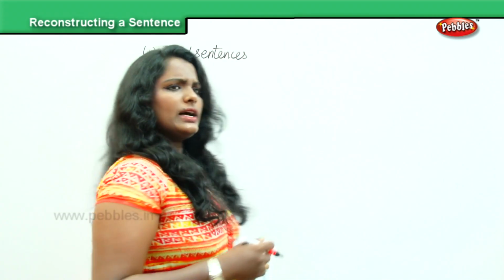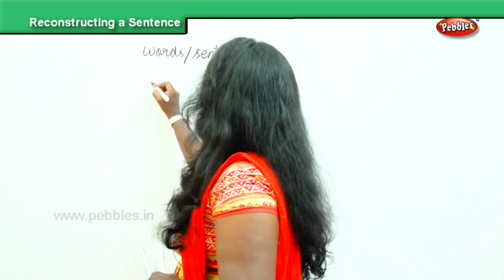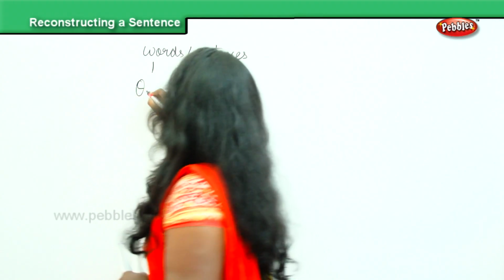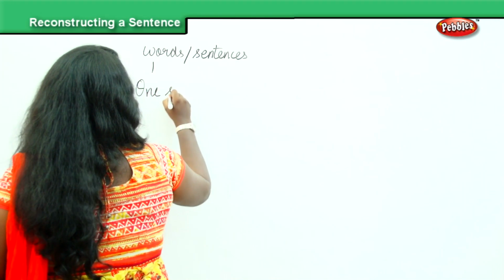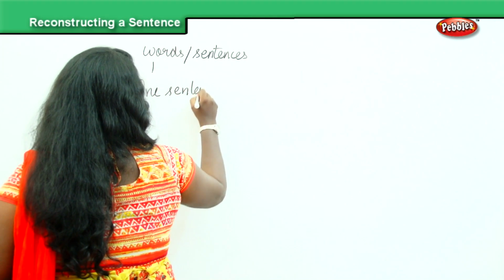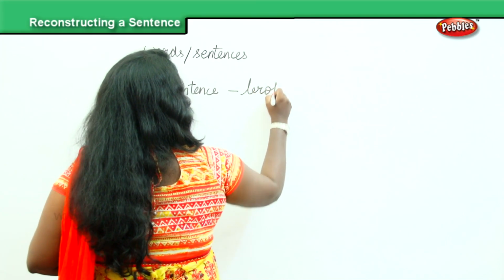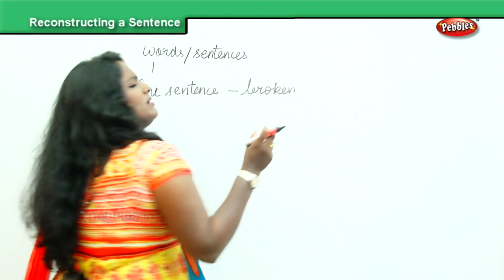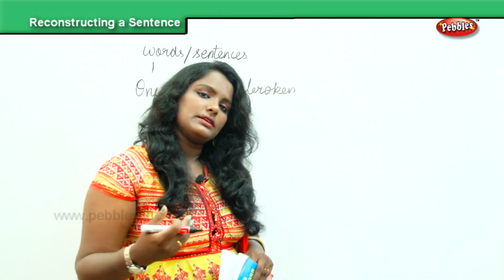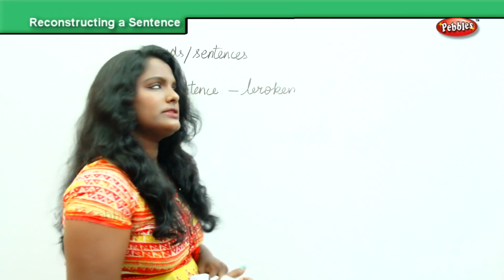When it comes to words, you are given one sentence that is broken into smaller parts and jumbled, mostly into 6 parts, right?